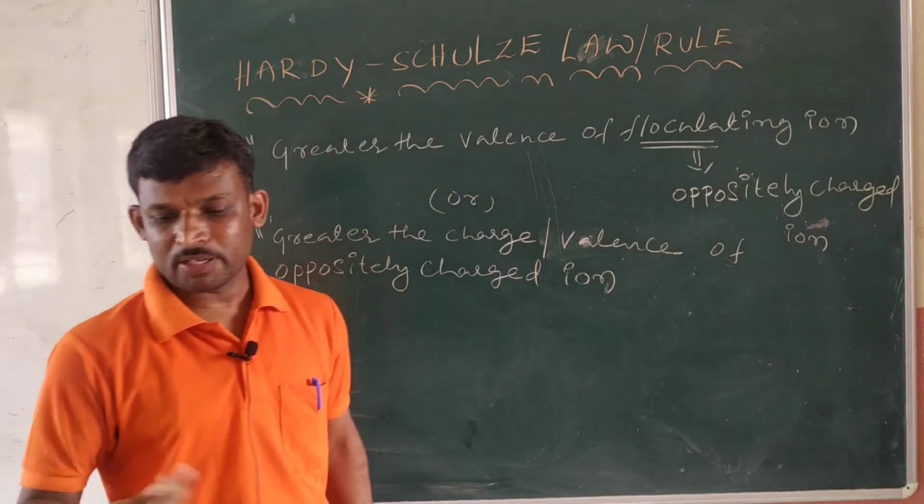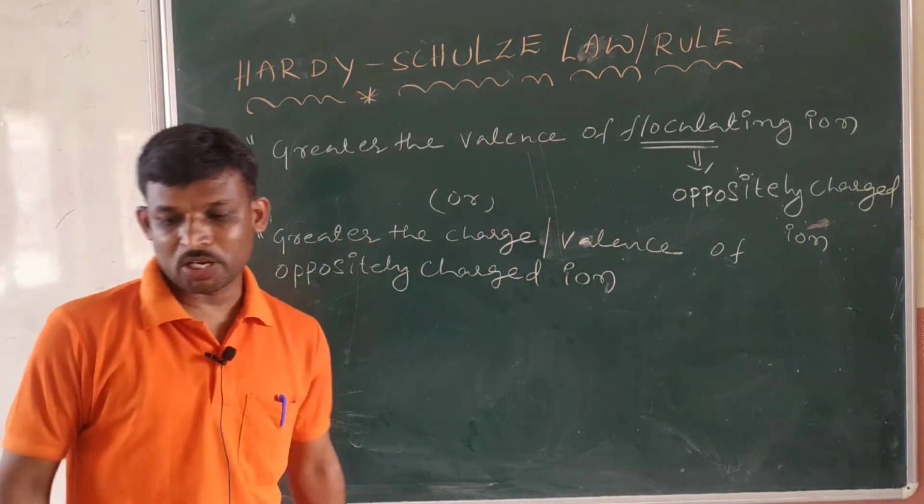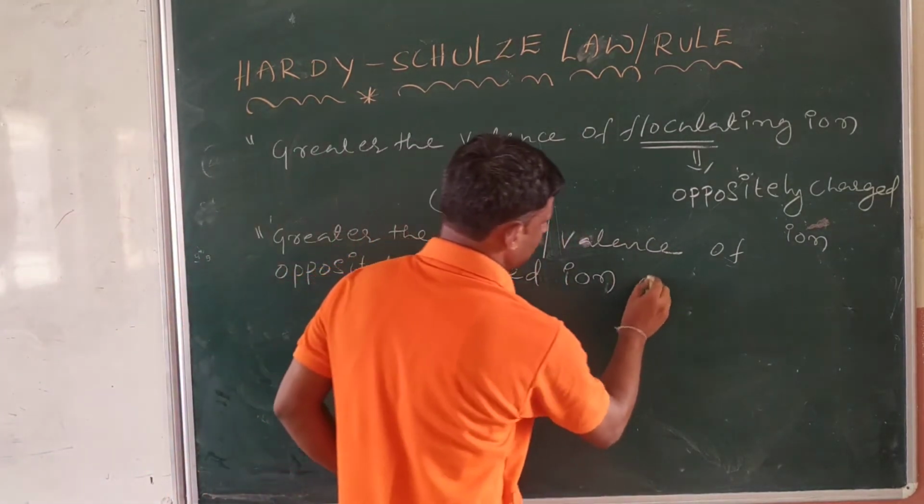This ion is coming from where? Generally, this ion comes from the electrolyte. Am I right or not? The oppositely charged ion of the electrolyte.